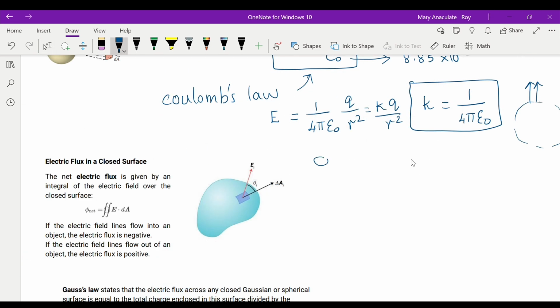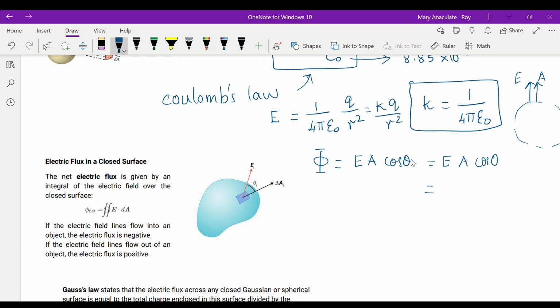Writing the equation for electric flux, phi equals E times A times cosine theta, the angle between the electric field vector and the area vector is 0 on the curved surface, so E times A is the total integration of the area times cosine 0.